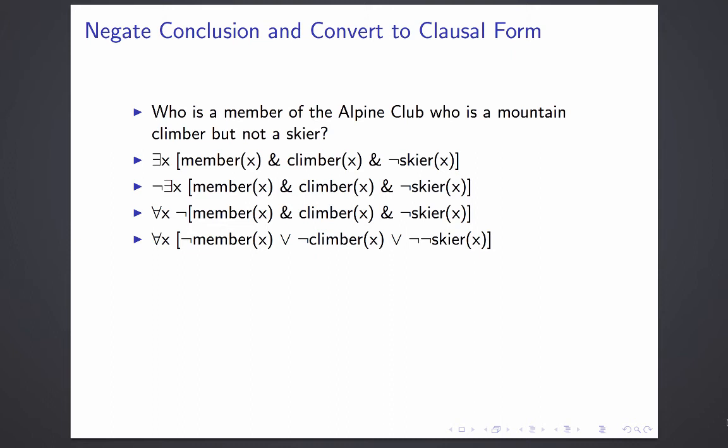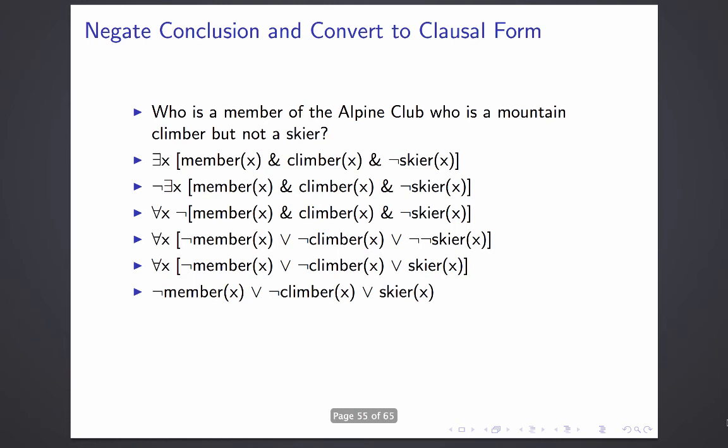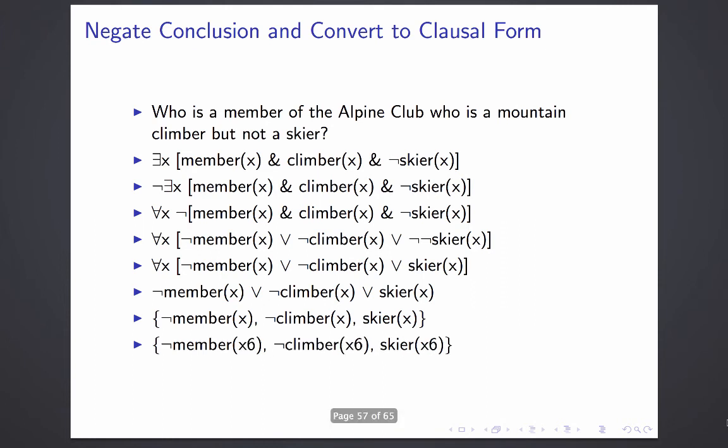You notice that we have not skier. So when we remove that negation, we now have for all X: not member X or not climber or skier. We can drop the universal now. We have something in conjunctive normal form. We can write that in clausal form, and now we rename the variables.